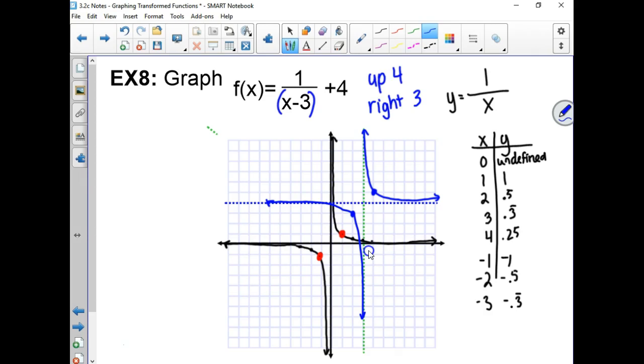Your assignment is this worksheet here, and I'm going to give you a piece of graph paper in a second.